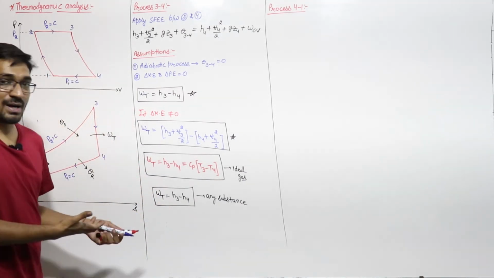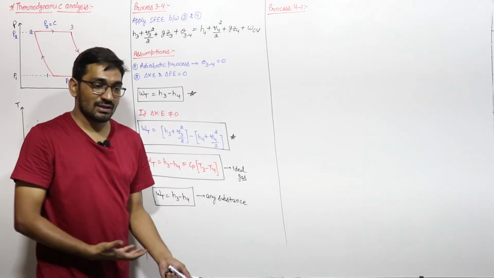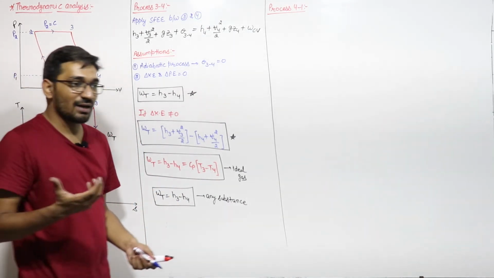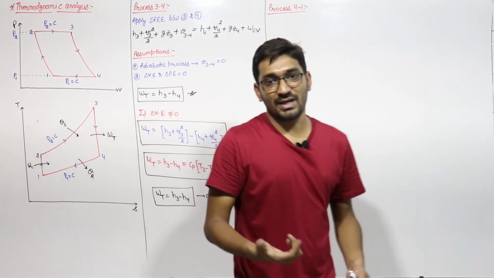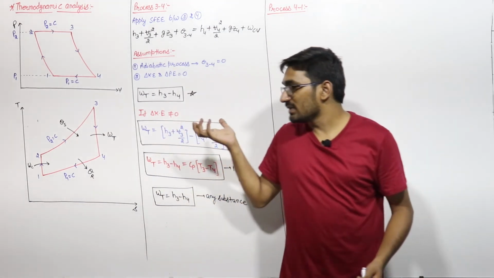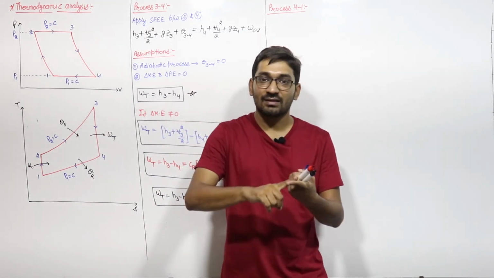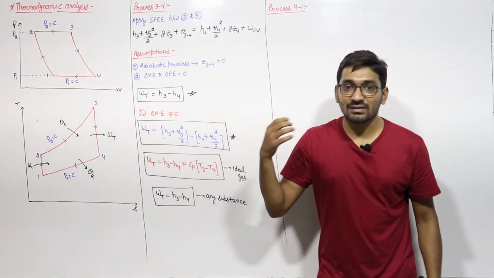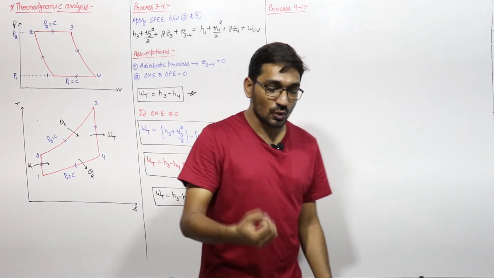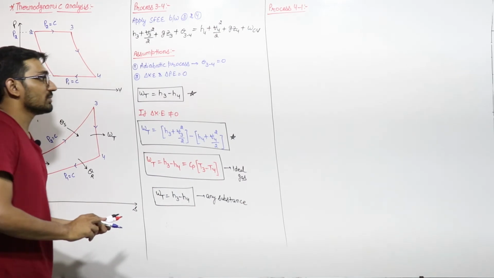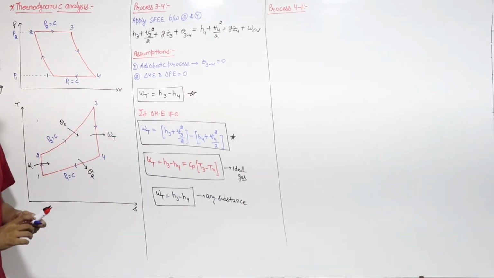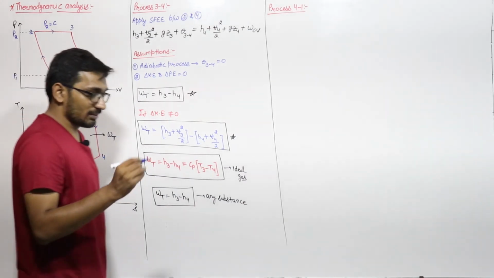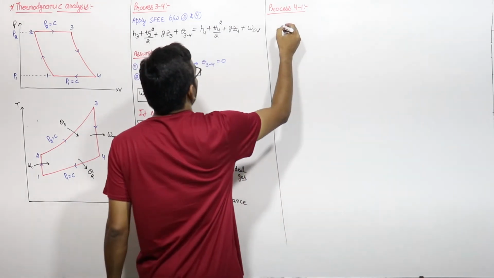This is a scoring part. This can improve your rank. Power plant is not a subject where you can afford a mistake. Power plant, heat transfer, IC engine are the scoring subjects. You have to score 100% in this. So that's why I'm explaining each and every point, so that you will not make any mistake in the question.